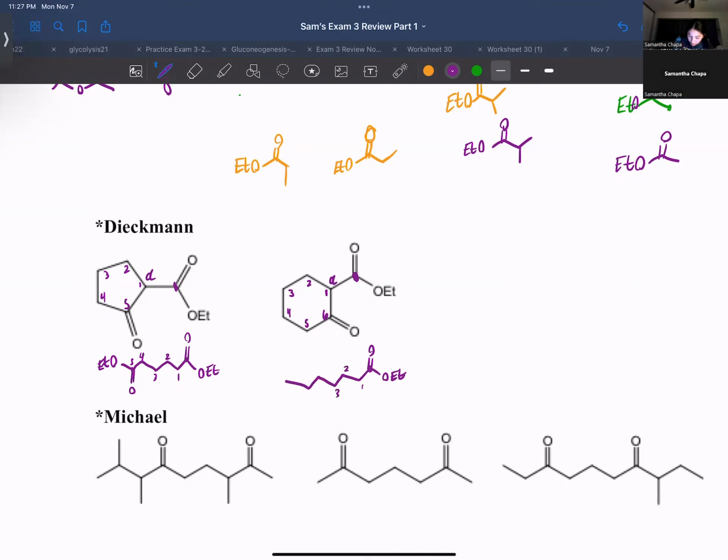On the 6th carbon, I have a carbonyl. Remember, Dieckmann is two esters, so I'm just going to write an ester. And that'll be your intramolecular Claisen, otherwise known as Dieckmann. And again, it's important for you to look at the mechanisms because that's going to help you big time. Like it's a whole aha moment when you see the mechanism and you look back at the tricks to do all of this.